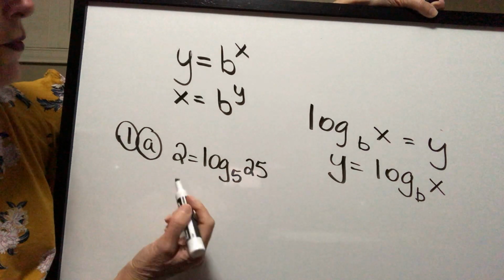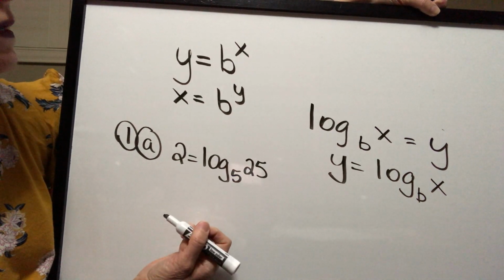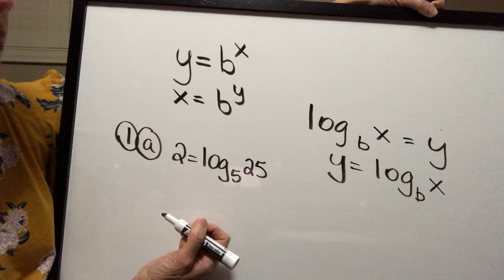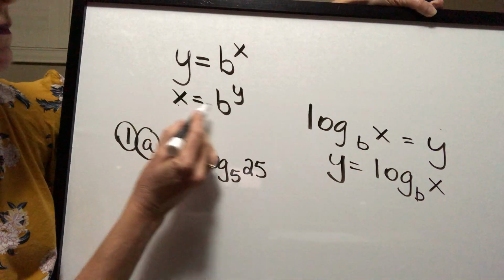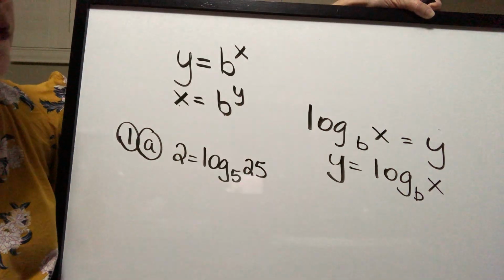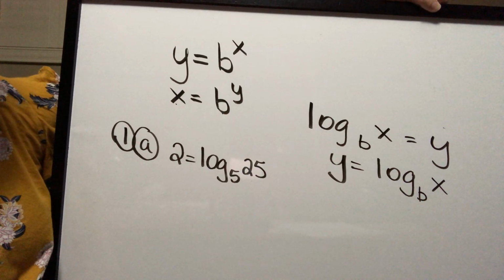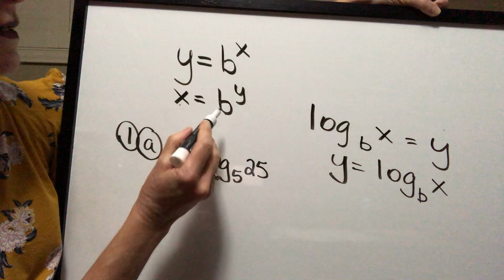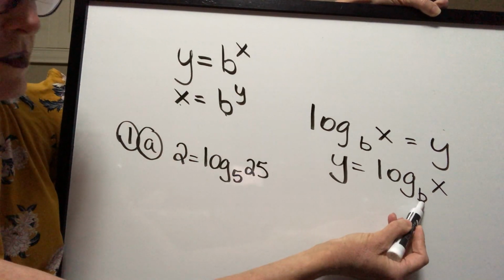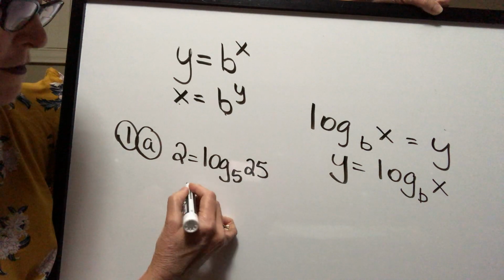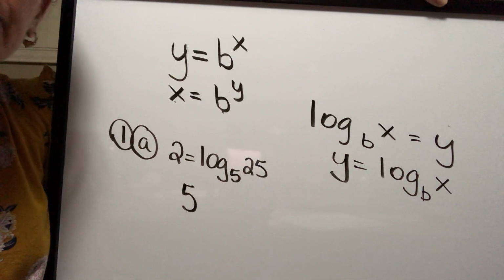So we want to put the x here, and the b here, and the y here. And then you got it. Notice that the base of the exponential is the same thing as the base here, so the 5 would be the base.